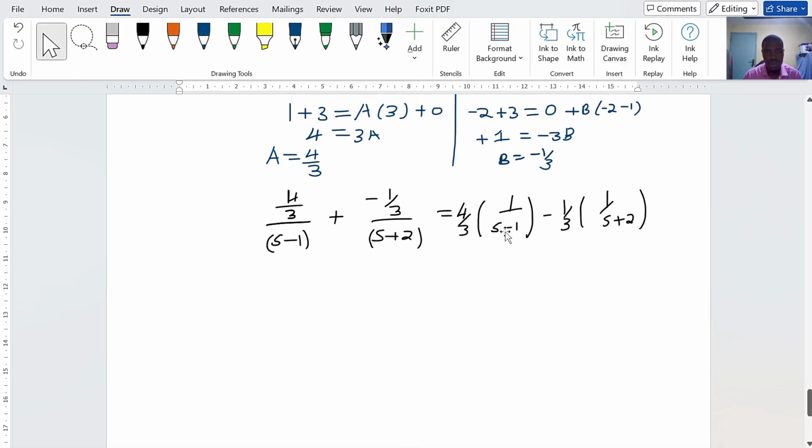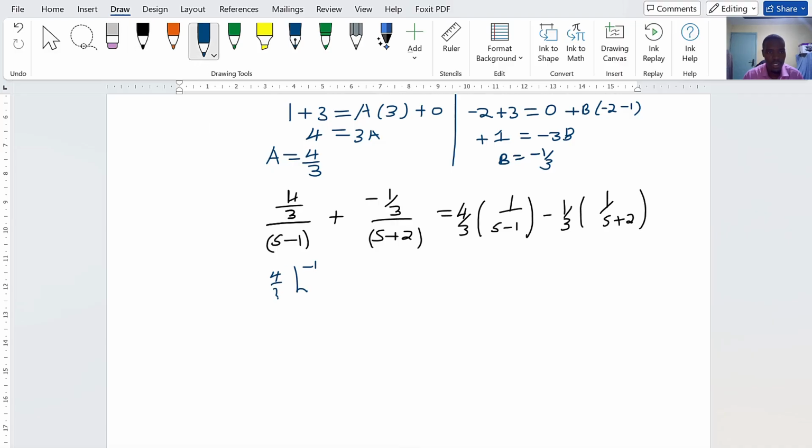So this looks like the exponential. So the Laplace, so now that we have seen exponential here, we are going to do the inverse Laplace transform.